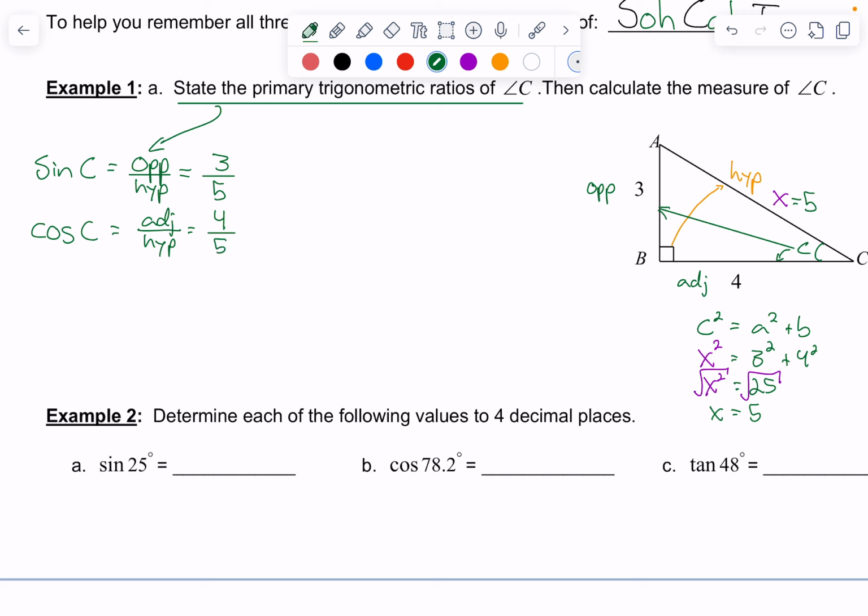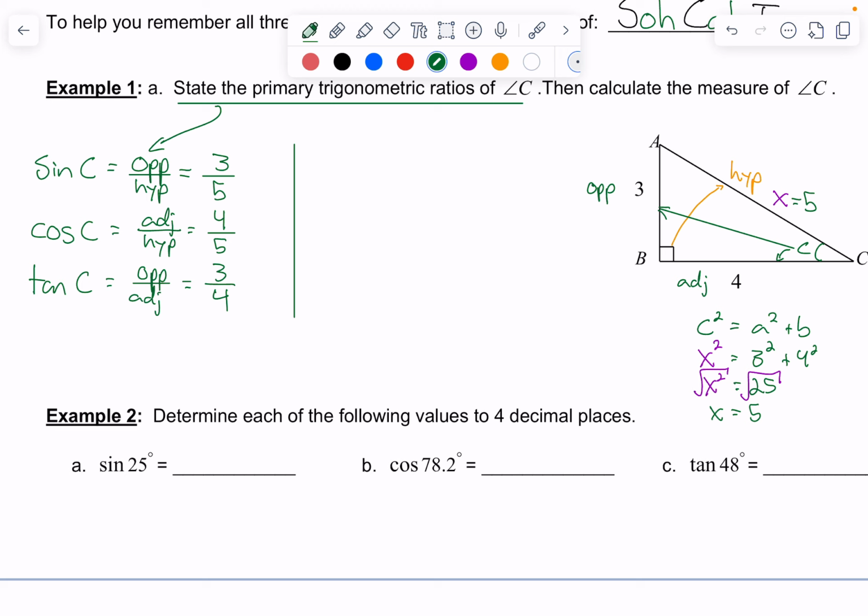And then we have tan of angle C. Well, tan of angle C would be the opposite side length relative to C over the adjacent side length relative to C, because those things can change. Opposite is not set in stone, nor is adjacent. But in this case, relative to angle C, it's 3 over 4. And there you go.